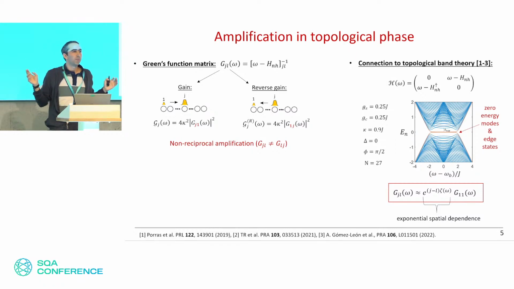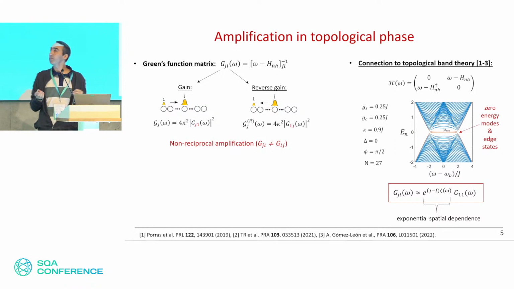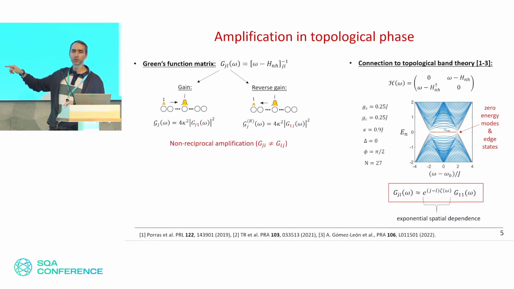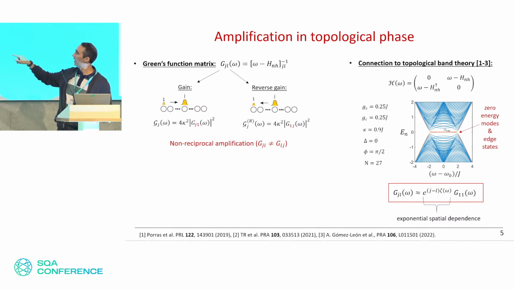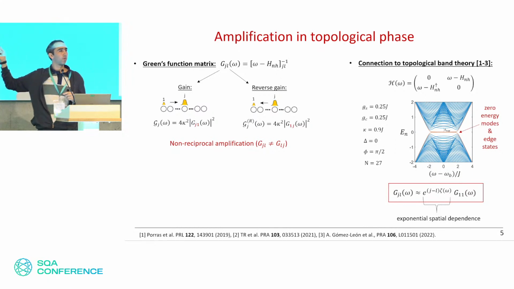And you can say, well, I invented this Hamiltonian, maybe it has nothing to do with the physical system, but actually it has a big consequence: the Green's function of the real system, when this happens, gets an exponential dependence in space, as I show here, where the exponent is the localization length of this artificial Hamiltonian that I defined before.